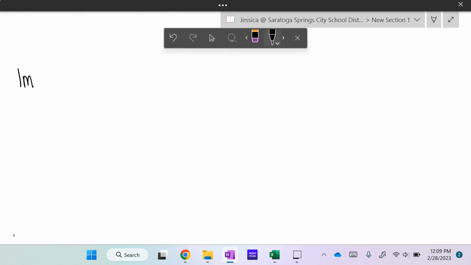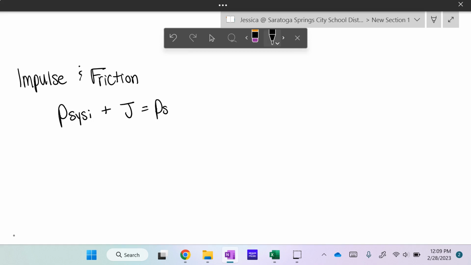But let's say we do have friction. I don't know how to spell friction. Friction. Okay. Well, if we have some external force like friction, like external to the system as a whole, okay, then our conservation equation becomes P system initial plus any impulse, or any change in momentum of the system, is going to equal our final system momentum, P system final.